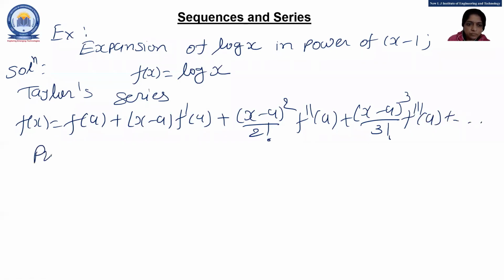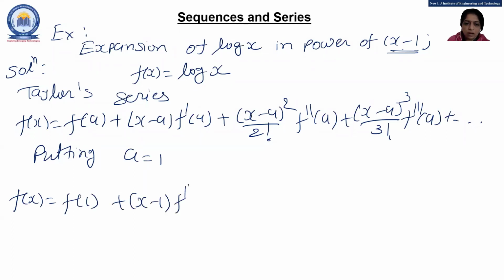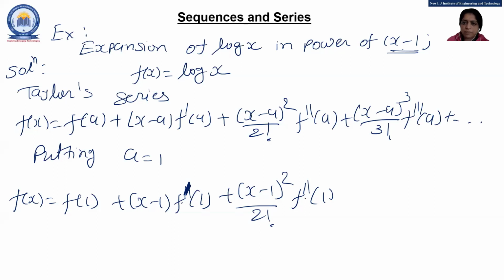By putting a equal to 1, as we want to find our expansion in x minus 1, if I replace a by 1, my Taylor series expansion is f of x equal to f of 1, plus x minus 1, f dash 1, plus x minus 1 whole square upon 2 factorial, f double dash 1, plus x minus 1 whole cube upon 3 factorial, f triple dash 1, and so on.